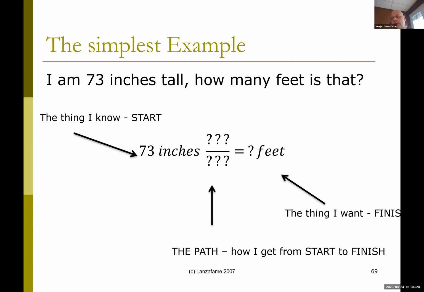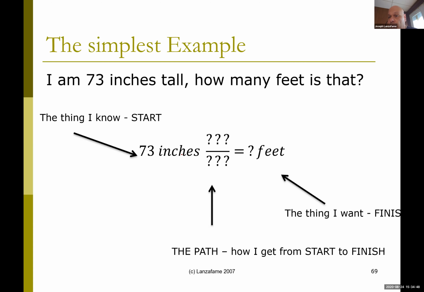I am no taller or shorter when measured in inches or feet. I've learned nothing new about myself if I go from inches to feet. If I went from inches to pounds, for example, I would have learned something new about myself. That's a more scientific conversion. Here, strictly editorial.